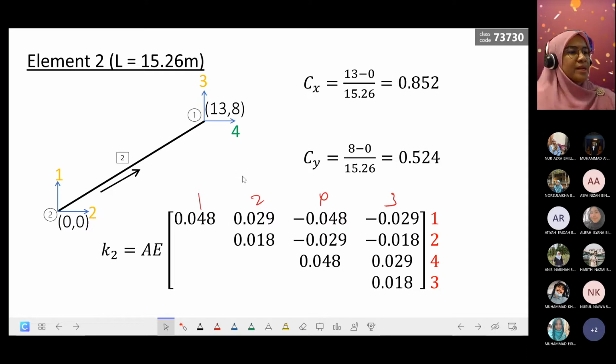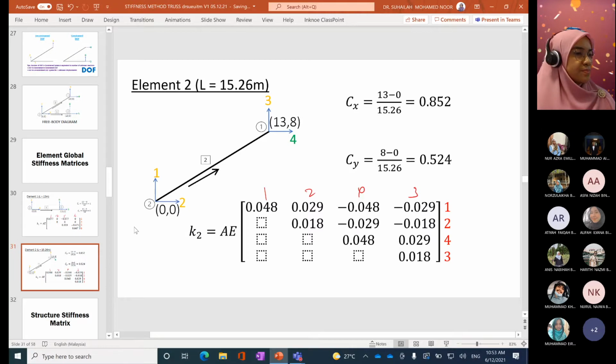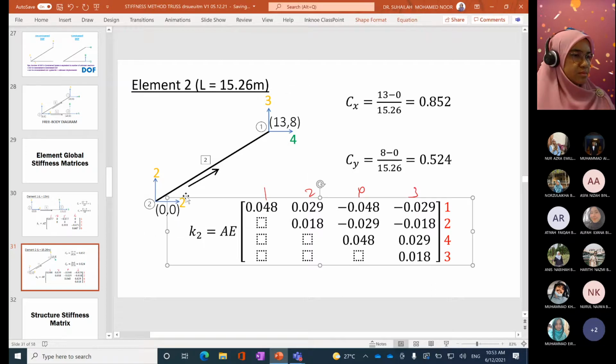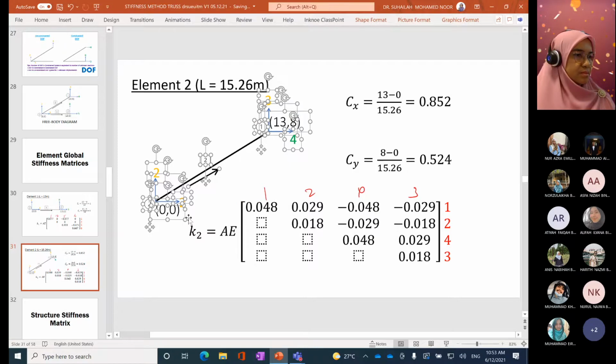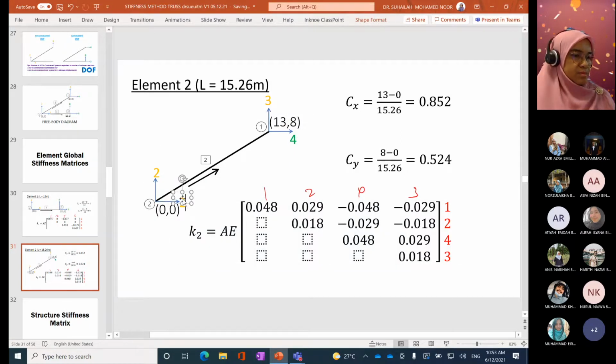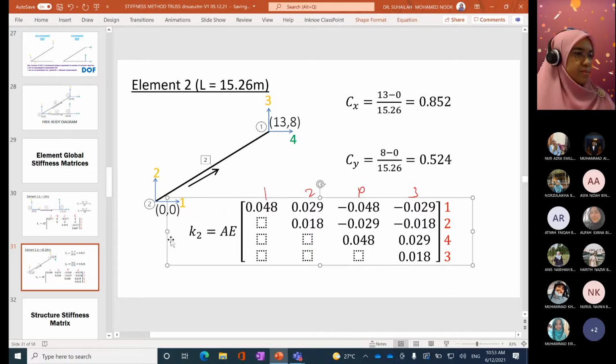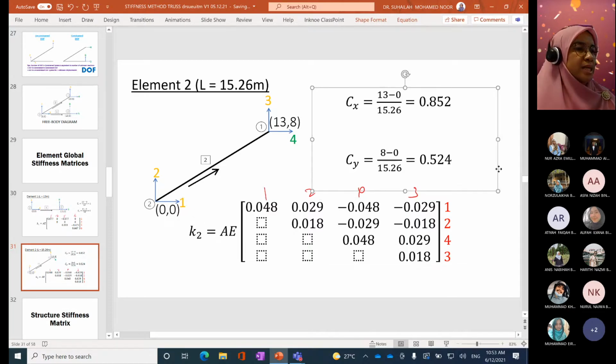Dia akan ikut apa kita label tu. Tak, sini salah label. Ini masih tak ubah. Okey, 1, 2, 4, 3.